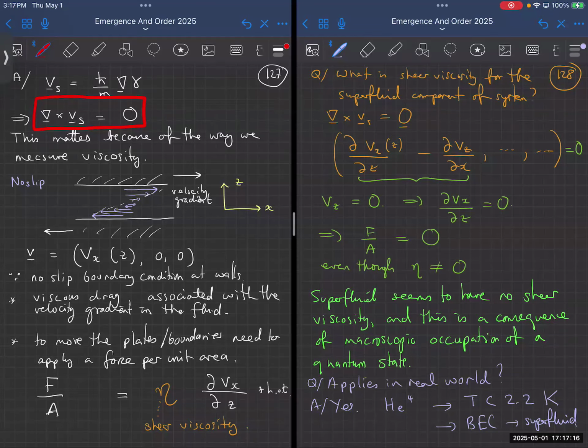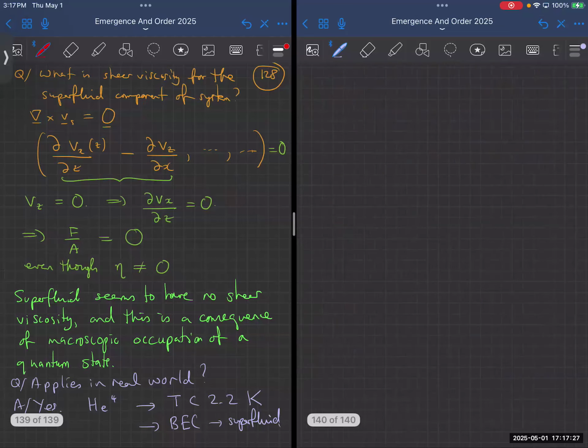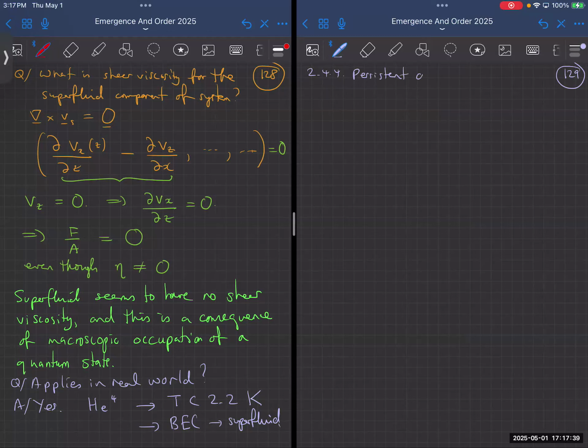I think I've got 3 minutes left. So let me tell you just a little bit about persistent currents. So this will be the last topic, 2.4.4, persistent currents. And I may carry this on just a little bit next time.